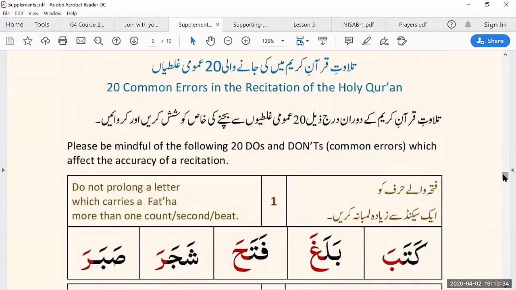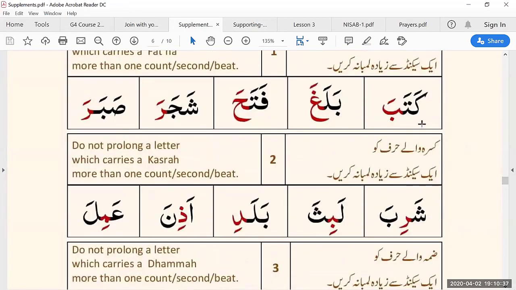Before you leave, I would like you to practice some of these words. So if you can do this first line. أعوذ بالله من الشيطان الرجيم بسم الله الرحمن الرحيم كتب بلغ فتح شجر صبر.